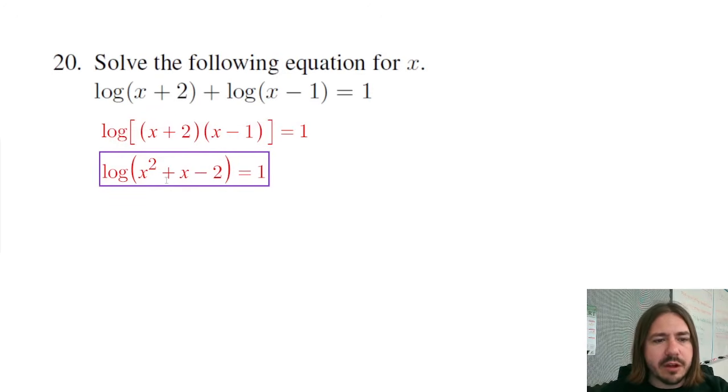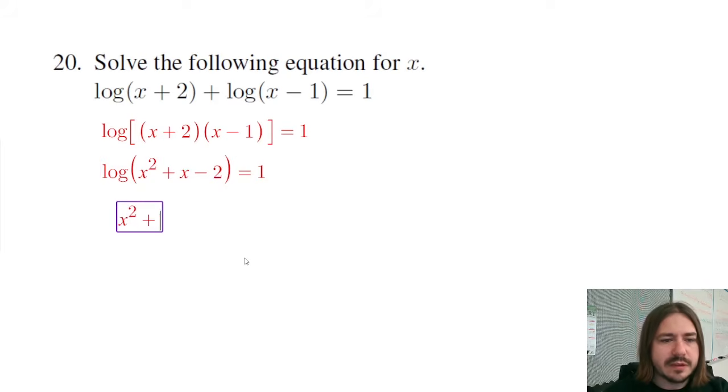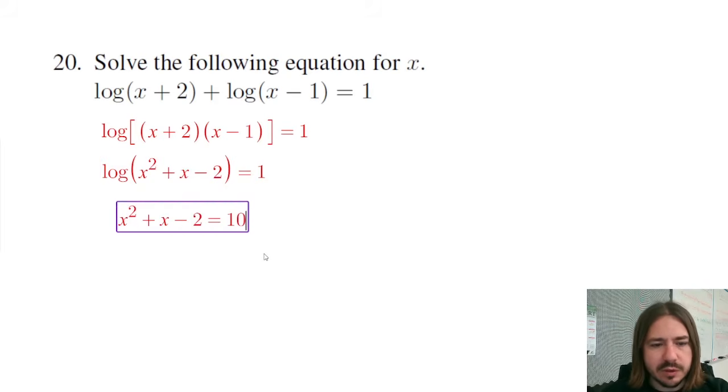And so now we have log of this expression equals 1, and now we can use the inverse property and invert this and write it as an exponential equation. So the base here, when you don't see a number written, is 10. So this would be 10 to the first power equals everything that's inside the parentheses. So x squared plus x minus 2 is going to equal 10 to the first power, which is just 10.